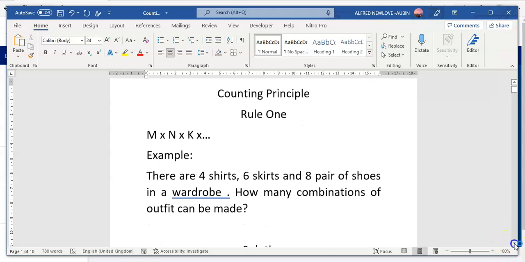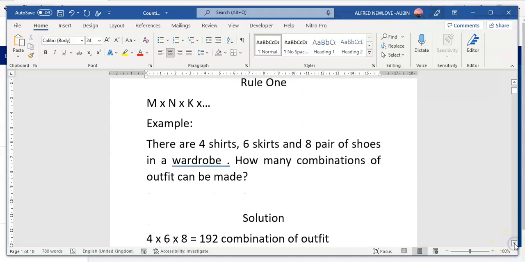So how do we use that? This m is the 4, times this n is the 6, times this k is the 8. You just multiply them to get this value.